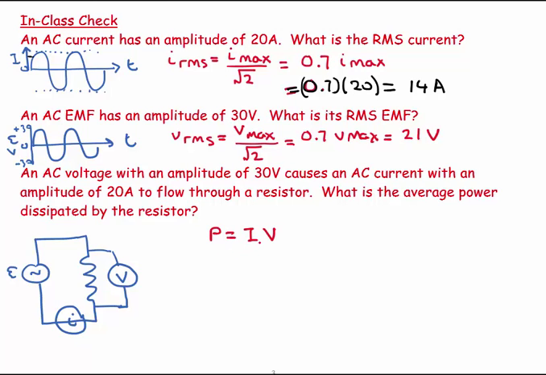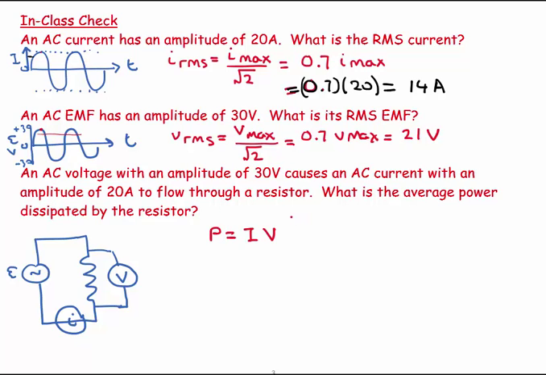The problem is, if I try to use the maximum voltage and the maximum current, I'm effectively assuming that the system is at this current all the time, and it's not, and at that voltage all the time, and it's not. I really need to use the averaged current and the averaged voltage to get the average power.